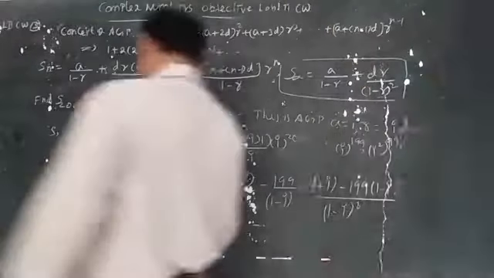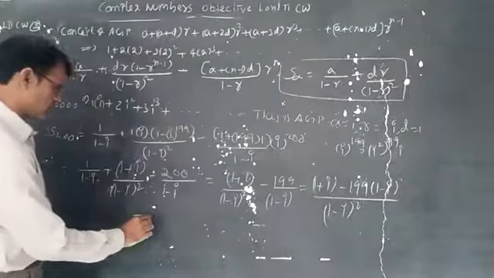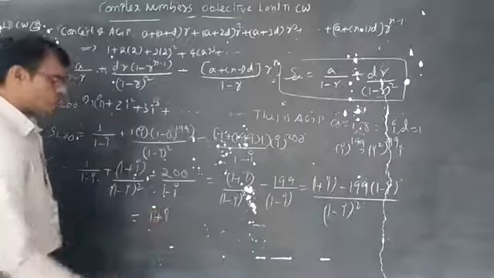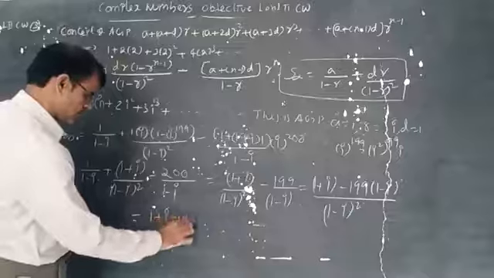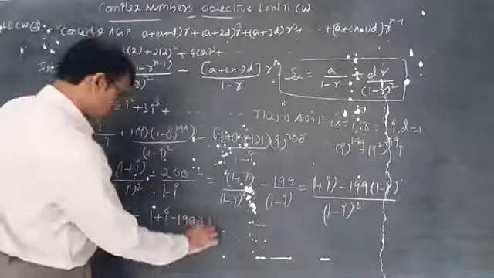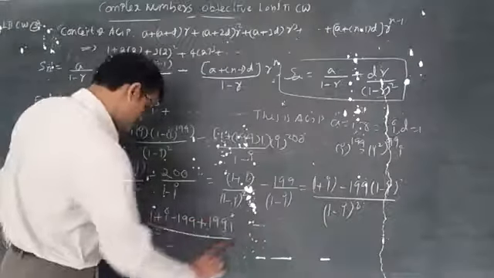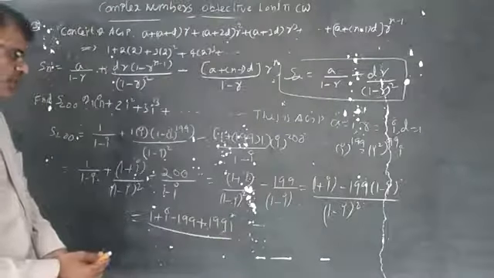That is equal to 1 plus i, minus 199, plus 199i, whole by (1 minus i) whole square, which becomes 1 plus i square minus 2i.